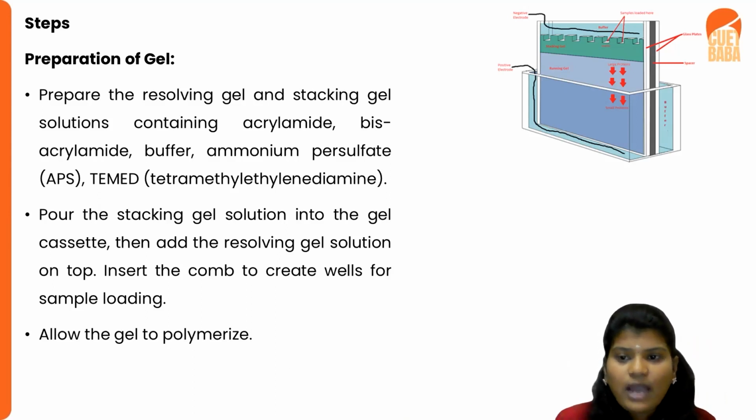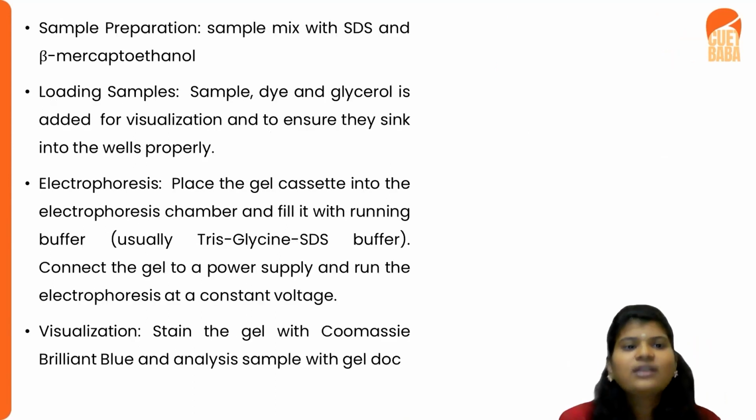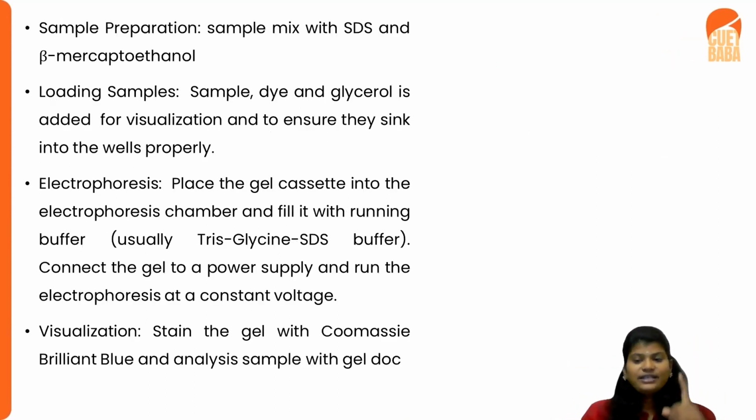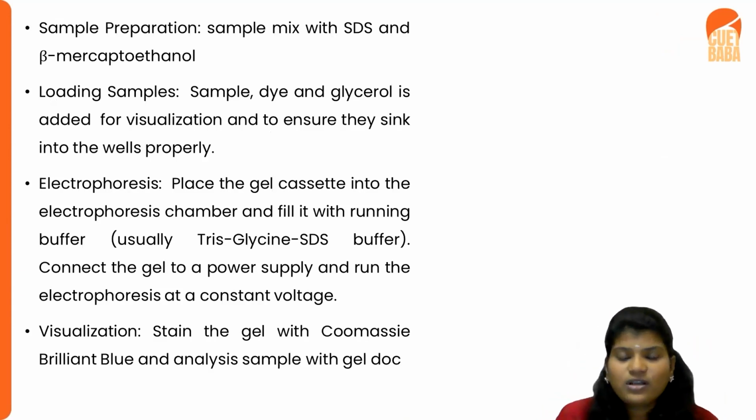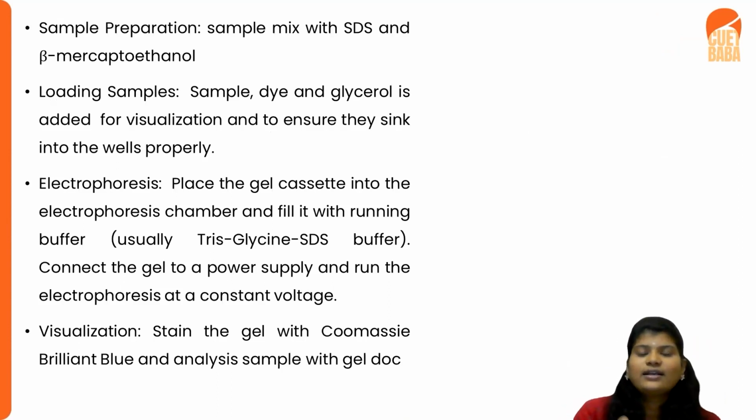After setting for some time, the sample is going to be added. The sample needs to be mixed with beta mercaptoethanol, SDS, and glycerol. For density, we are adding glycerol. SDS is to give the negative charge and beta mercaptoethanol is to break down the sulfide bonds. Apart from this, a load dye is going to be added for the visualization.